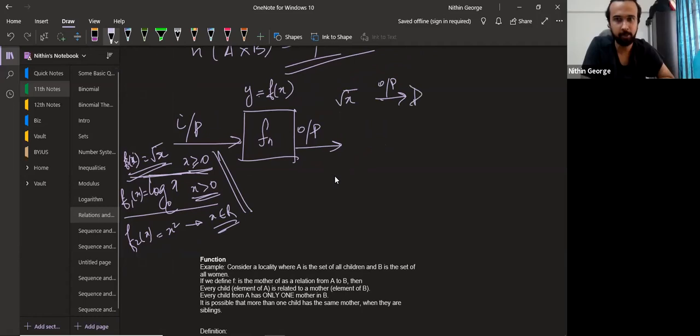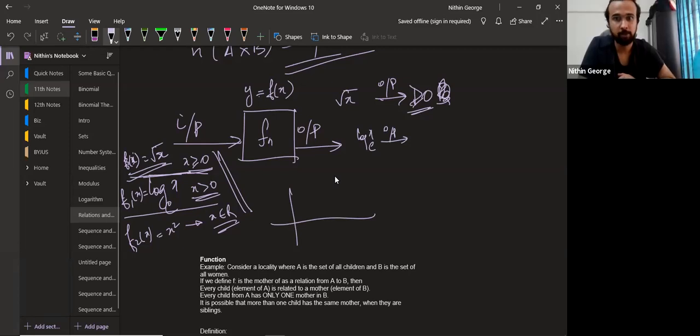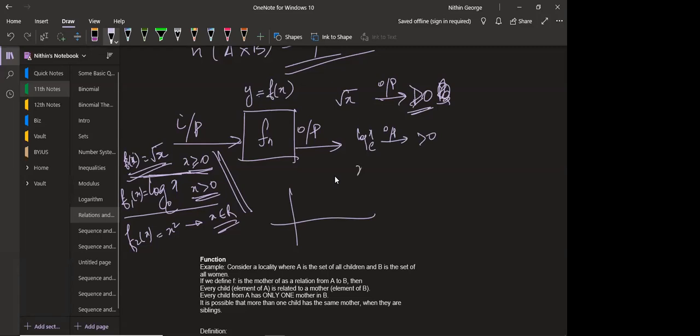So here you get non-negative real numbers. What about this one? Log x to the base e. What are the outputs you can get? Greater than 0. Okay. And then x square. What happens here?